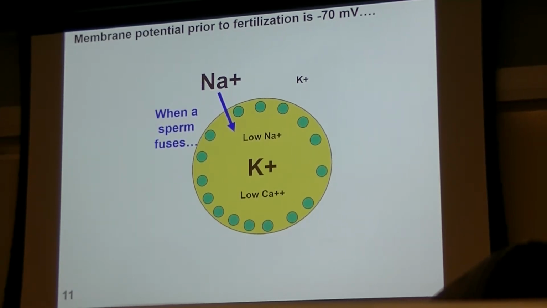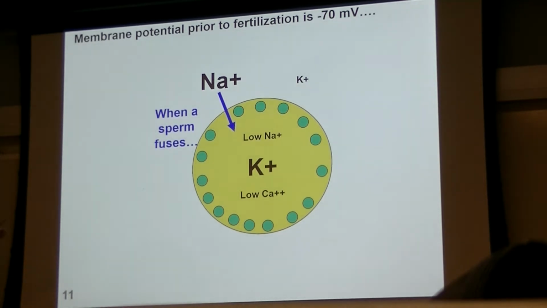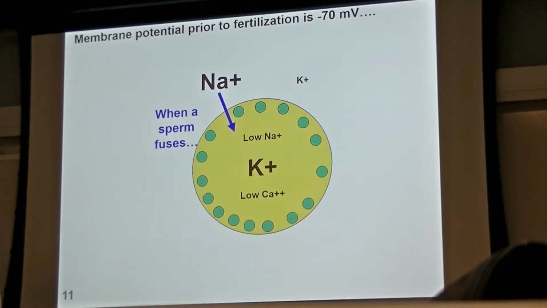So sodium is going to rush into the egg cell. This difference in charge is known as the membrane potential. And once you have an influx of sodium like this, the membrane potential is going to change. It's going to go from being negative 70 to a more positive value.